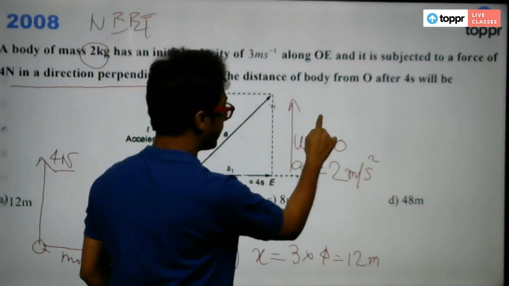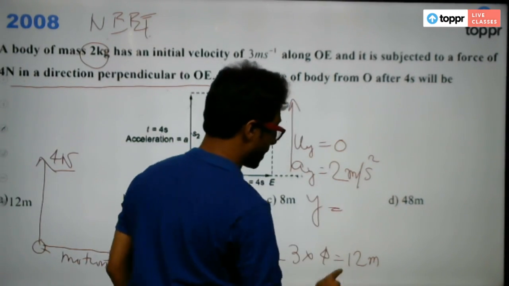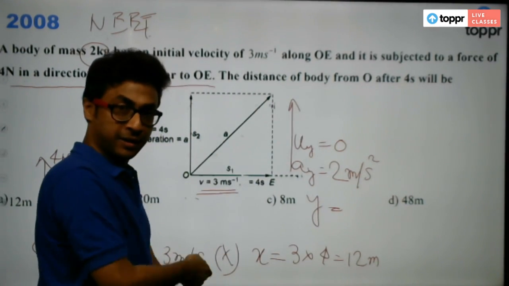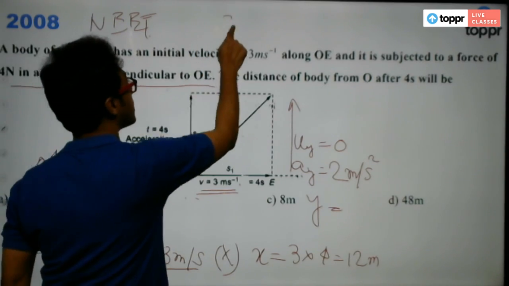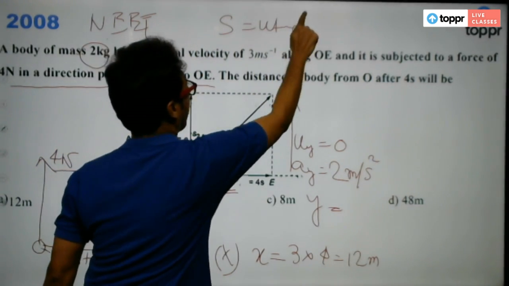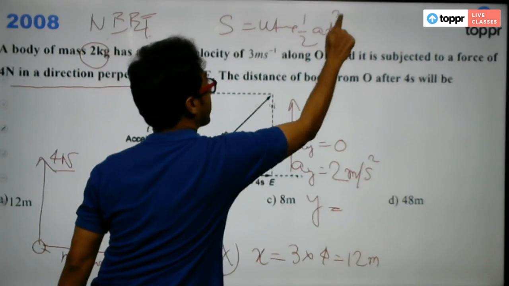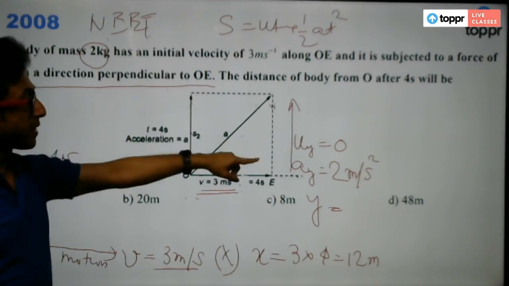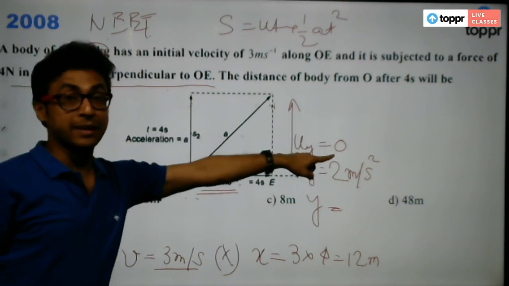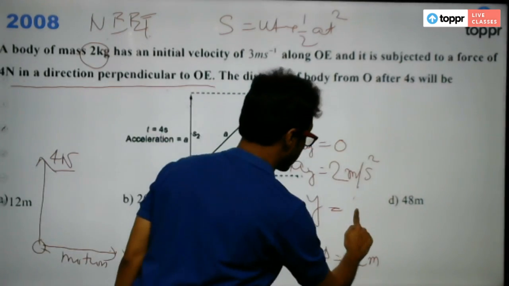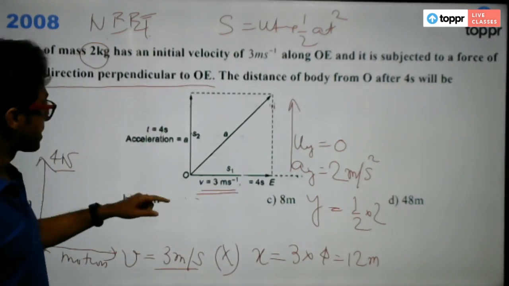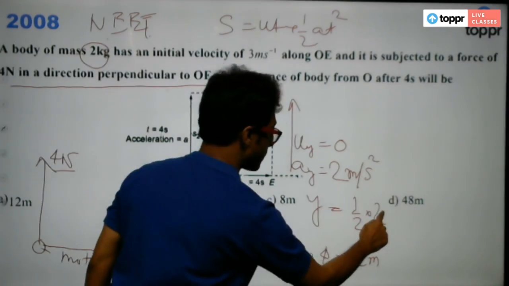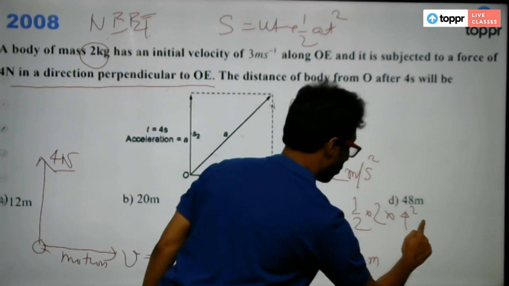So if we say y is nothing but the position, and use the second equation of motion, which is s equal to ut plus half at square. Here s is nothing but y, u is 0. It is half at square, where a is 2 and t is 4 seconds. So it is half into 2 into 4 square.